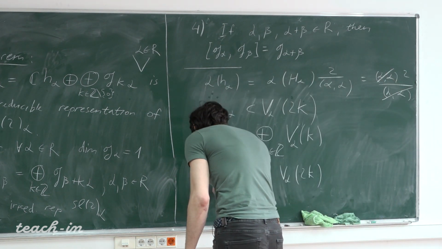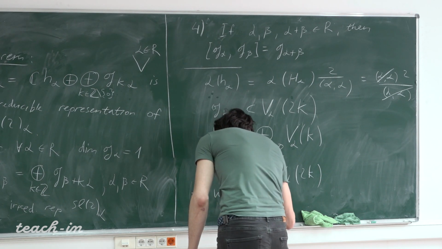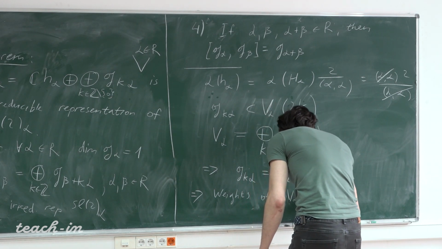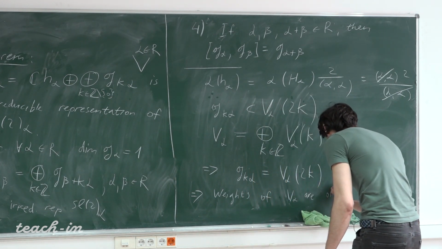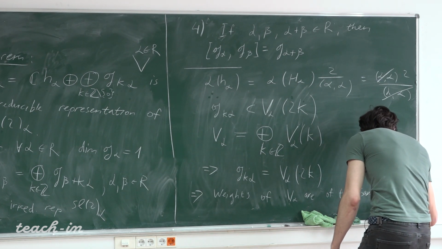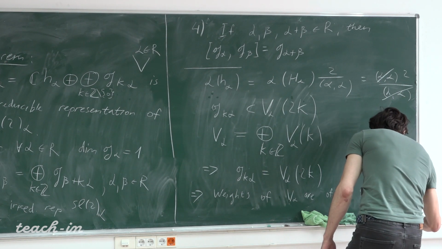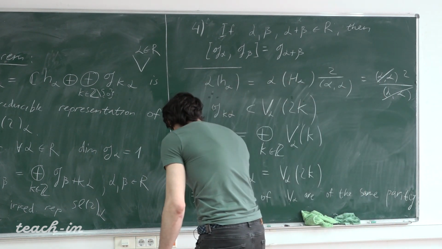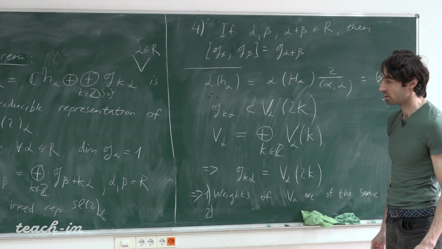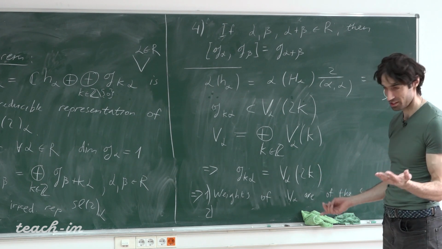So weights of V alpha are of the same parity, and this parity is even.